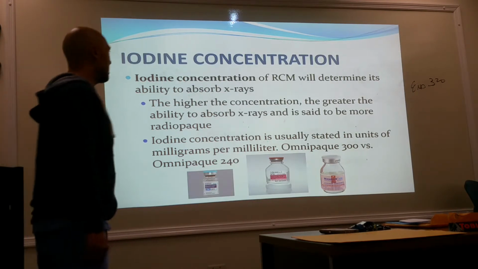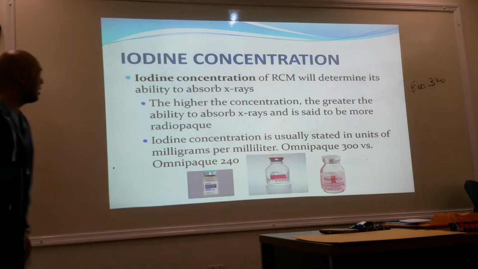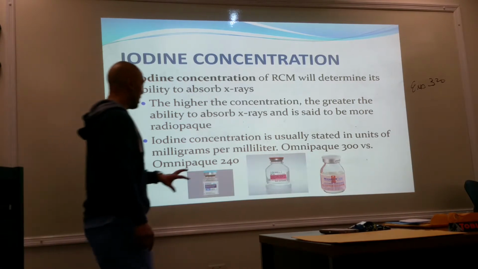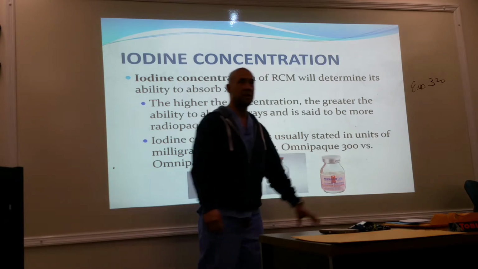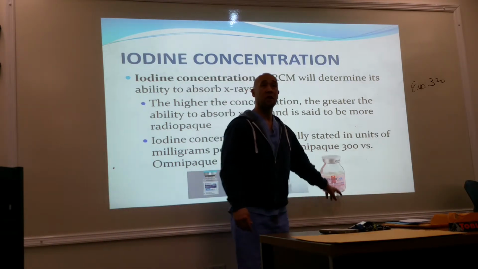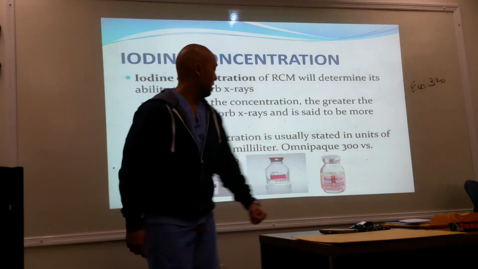All right, iodine concentrations of contrast will determine the ability to absorb X-rays. So when you guys had a chance to look at your contrast media, not only will you see the brand name, but you'll also see a numerical value right after that, right? So here's an example.